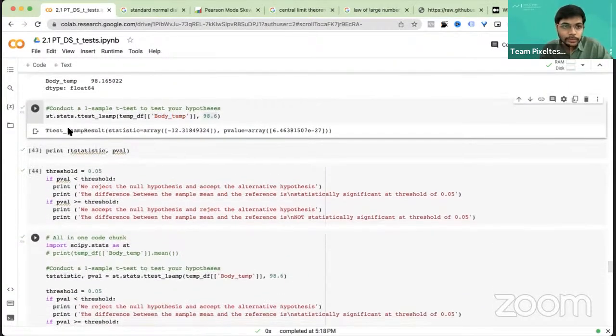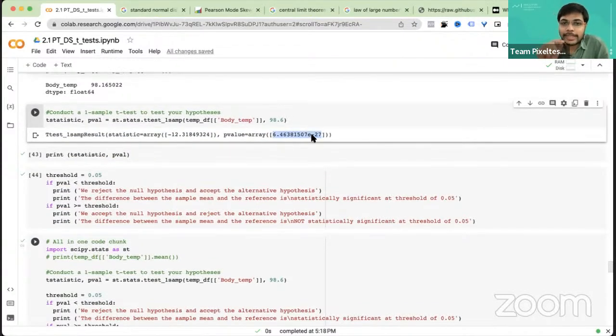Because this number is very tough for us to calculate every time, with 10 to the power minus 27 and all, I'm going to give two variables, t statistic and p-value, since this function gives two outputs. I'm going to save the output of this function in these two variables, right?